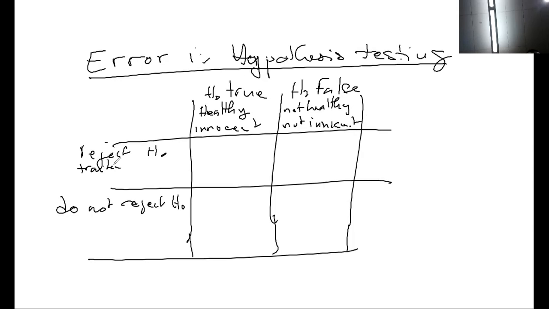You can receive treatment, or you can be convicted of the crime. Rejecting H0 is giving you treatment. Rejecting H0 is convict. That is the jury convict. Do we understand what I'm saying here? So you do not reject is no treatment. I want us to do section 1 and 2 today, not convict. But if you understand what we are doing here, it's going to help us as we move on.